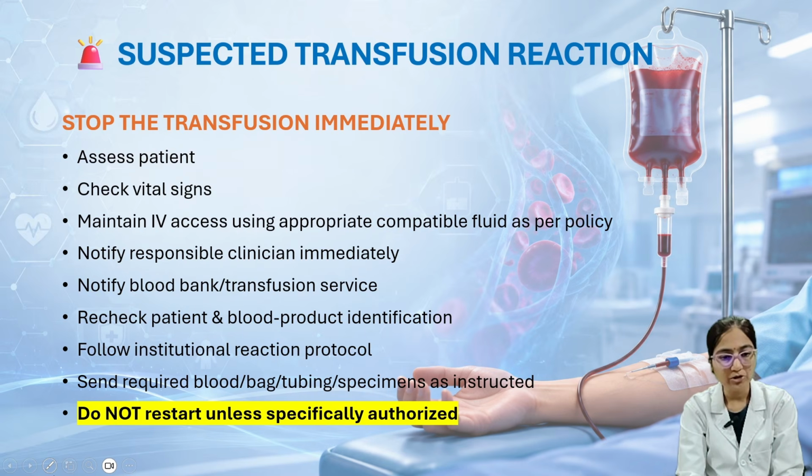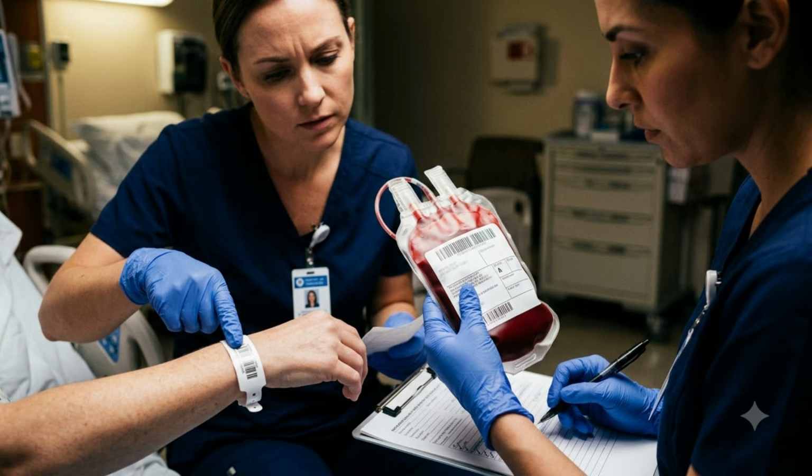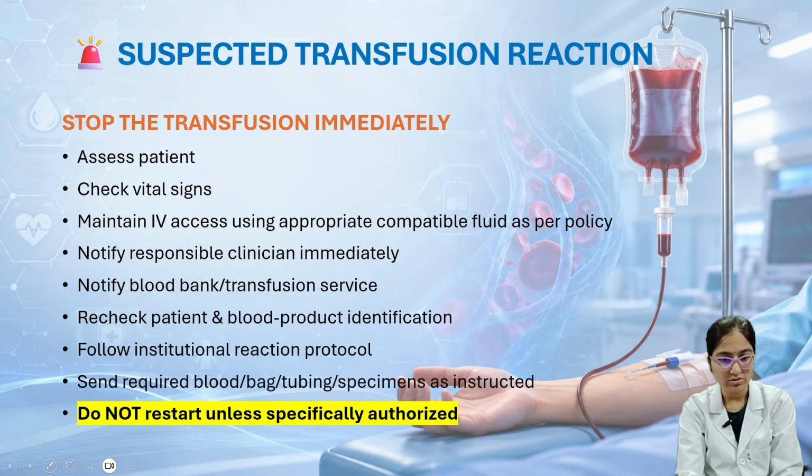And then immediately notify responsible clinician. And then notify blood bank or transfusion service. Recheck patient and blood products identification. And then follow institutional reaction protocols. And then send required blood bag or even tubing or specimens as instructed. Do not restart unless specifically authorized.